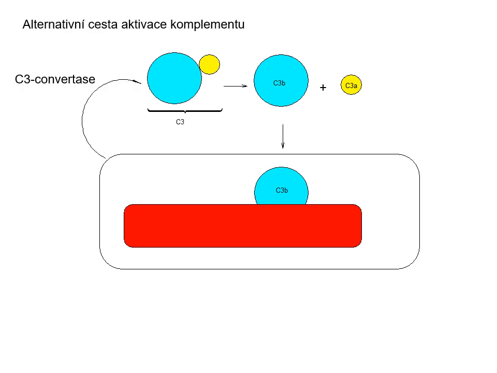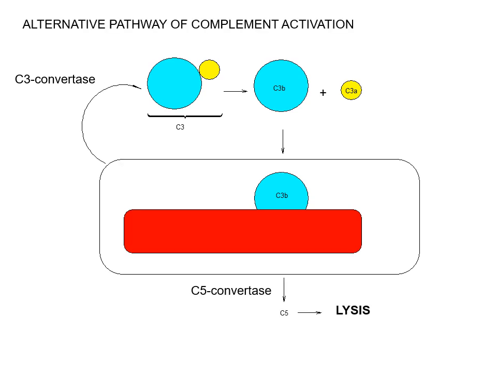Then C3b can convert the C3 to C3a and C3b. It means cut into pieces, because C3b is a protease, and then it activates other C3 and so on.